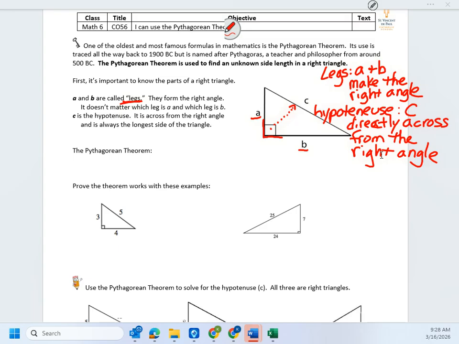It's important to know which one is the C and which two are the A and B. So our Pythagorean theorem is A squared plus B squared equals C squared. We're going to see how that works. Okay? So this theorem, super important to know. A squared plus B squared equals C squared. So let's see how we use that theorem.